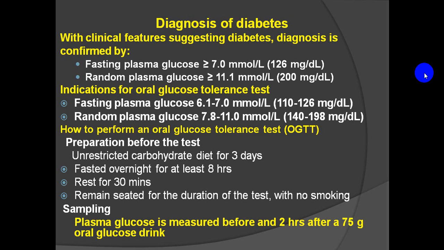During the test, the patient should remain seated with no smoking. Sampling of blood for glucose estimation: the first sample is taken before we start the test, and the second sample is usually taken 2 hours after the intake of 75 grams of oral glucose.